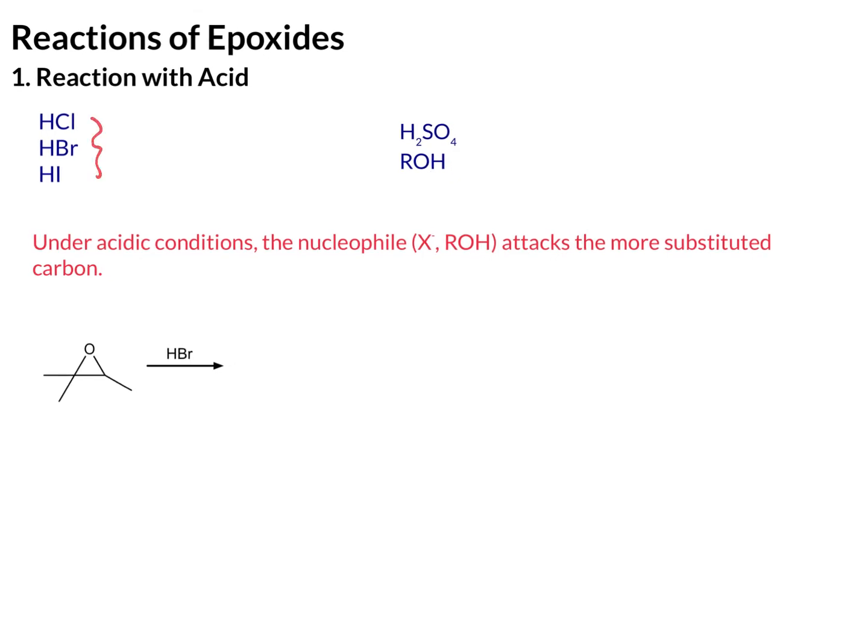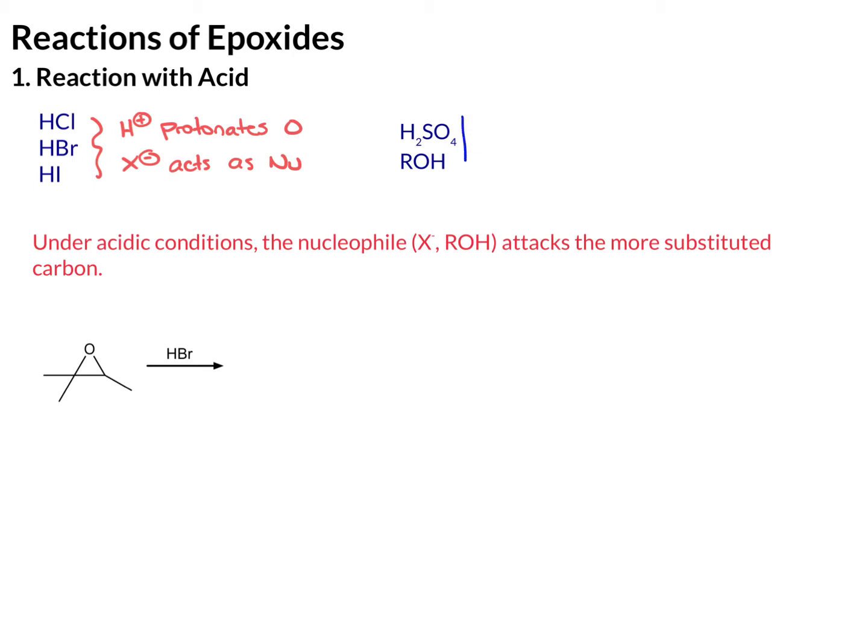And when you use these, H plus protonates the oxygen of the epoxide, and the halogen, X minus, acts as a nucleophile. And that's going to open up that epoxide. The other is a mixture.